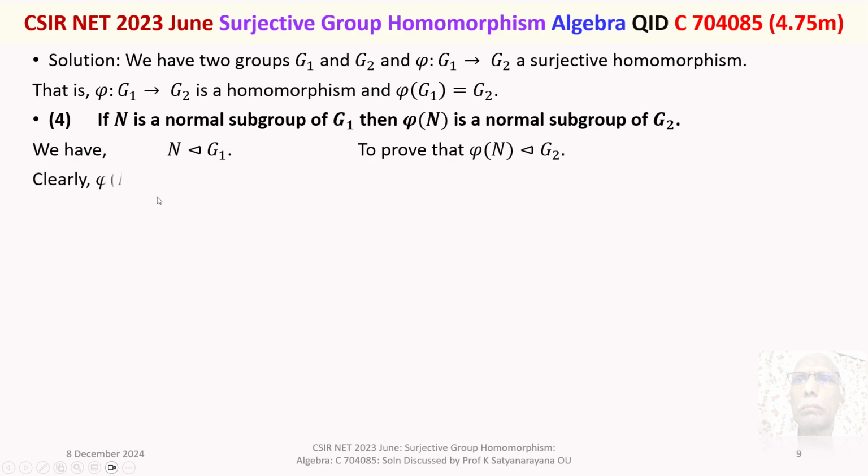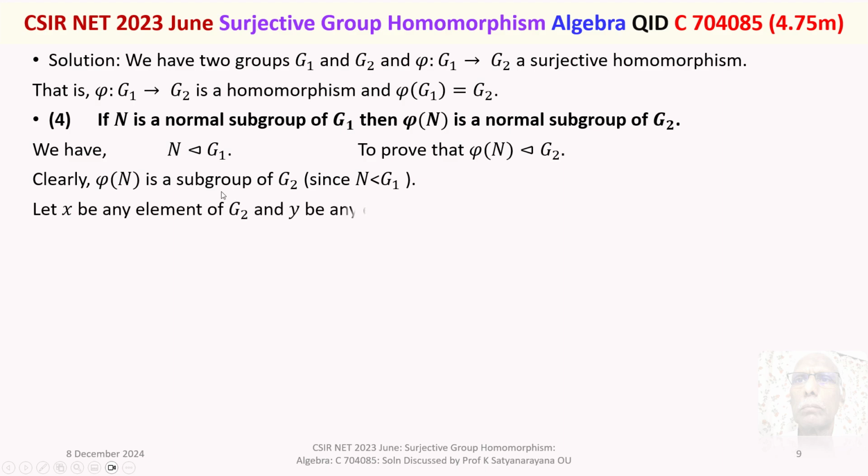First of all, is phi of N a subgroup of G2? Yes. Since N is a subgroup of G1, we have already seen in option 3 that phi of N is a subgroup of G2. Agreed.